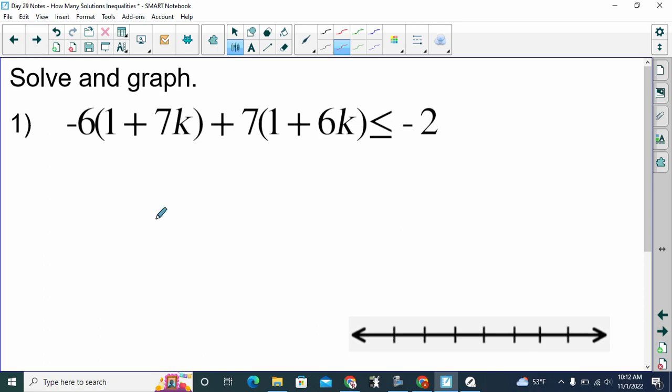Our next example asks us to solve and graph. We have negative 6 times the quantity 1 plus 7k plus 7 times the quantity 1 plus 6k is less than or equal to negative 2.